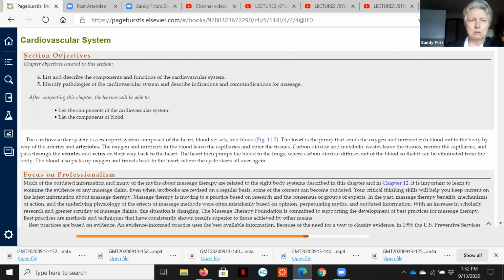Now, the cardiovascular system, if something goes wrong there, it can go wrong fast and bad. So this is an area that we need to be screening for. We need to make sure that we're getting a good history on this with people. And when in doubt, refer.